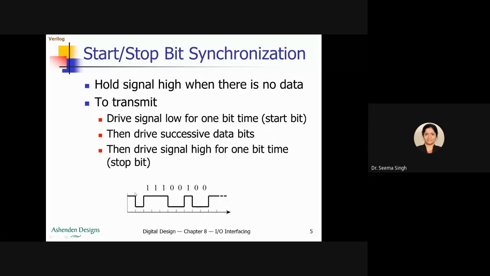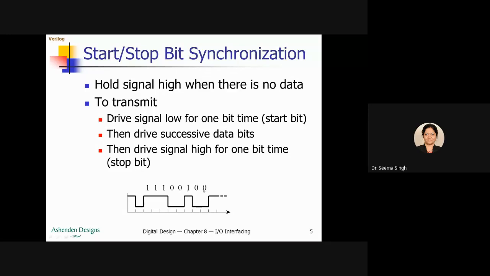It will remain high for no data transmission. When you are about to transmit data, you have to send this start bit, and it indicates that my data has to be transmitted. Then it will transmit my successive data bits, 11100100, all of that.